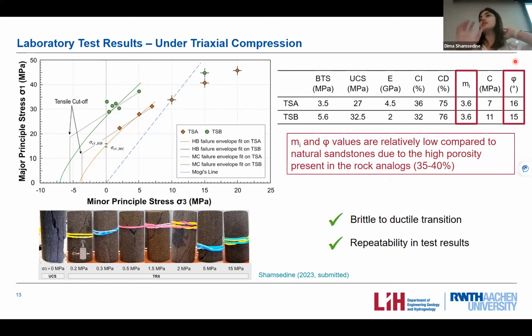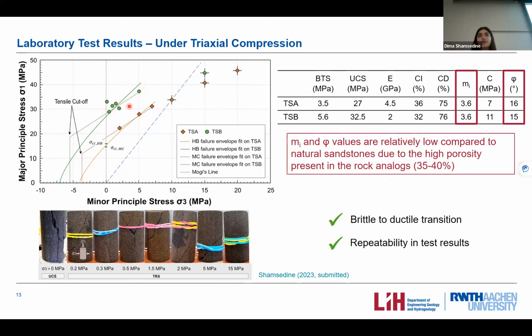We have it between 15 and 16 degrees. This is as well due to the high porosity and the low slope fitted on the points.